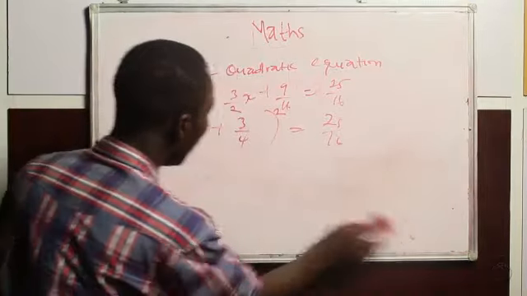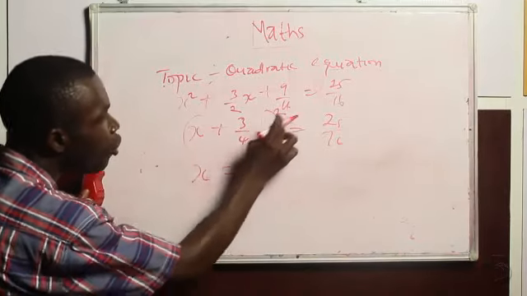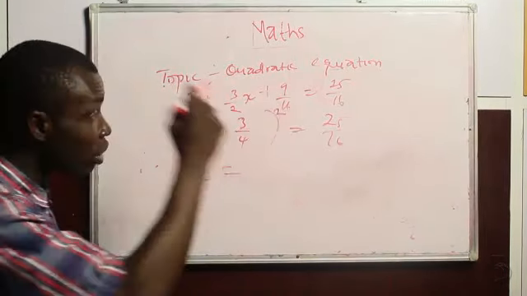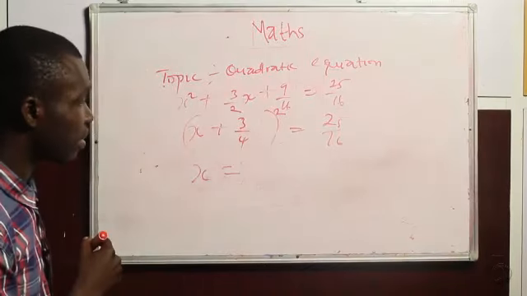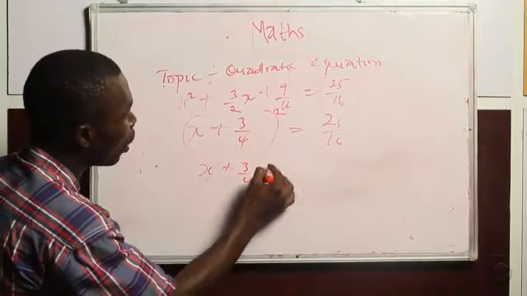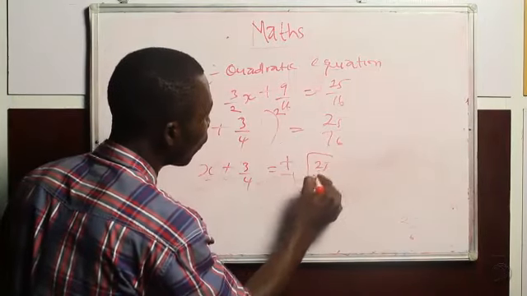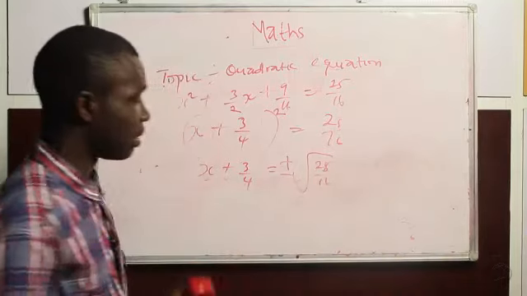Therefore, to find x, you have to remove this square. We are going to find that x plus 3 over 4 equal to plus or minus root of 25 over 16.